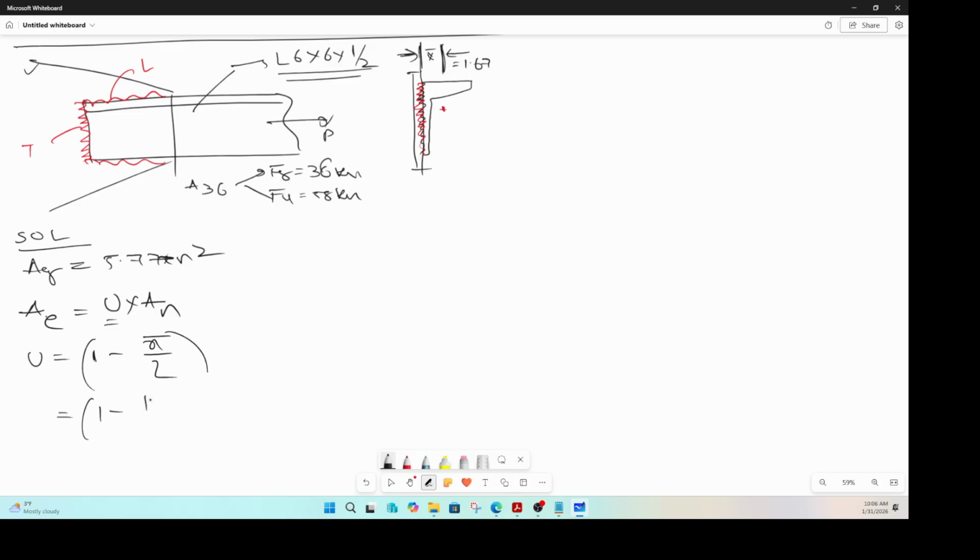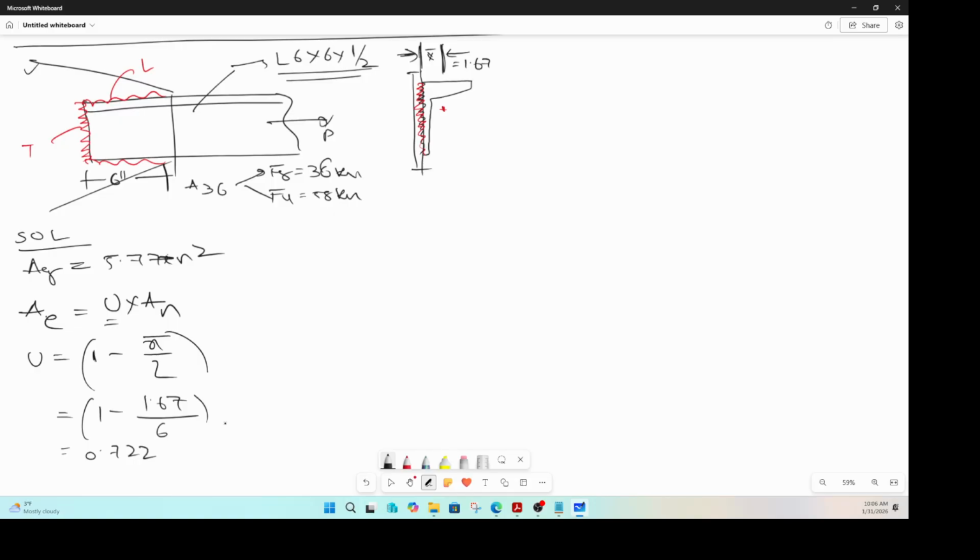So 1 minus 1.67 over L. What is the length of connection? The connection is happening on this length, which is 6 inches, looks like in the problem statement.